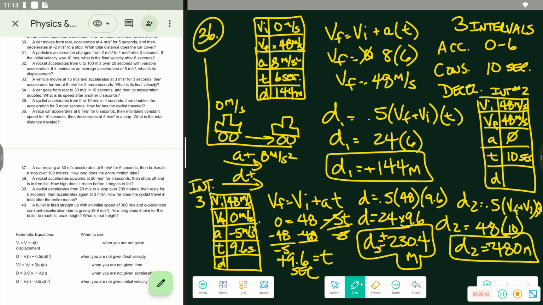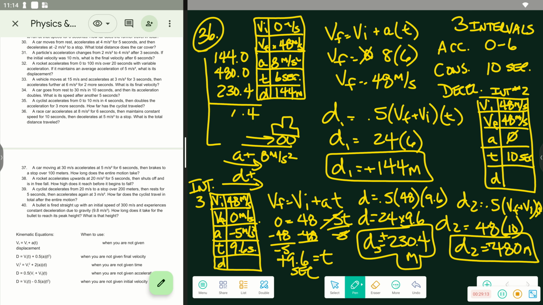So what's the total displacement? We have to add them all together. You add D1 plus D2 plus D3. So it's going to be 144 plus 480 plus 230.4.